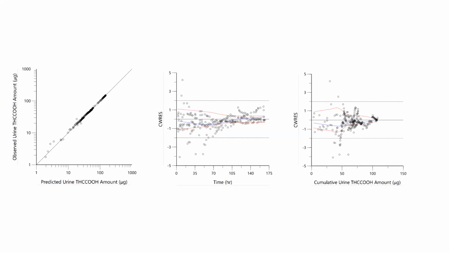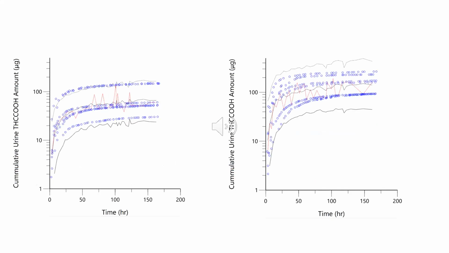These are some of our diagnostic plots. The observed versus predicted in the urine was very tight, and the scatter didn't change much. There were no obvious deviations over time or over the various concentrations. These are the visual predictive checks that show that for the low concentration on the left, and the high concentration on the right, you can see the model prediction was reasonably good.